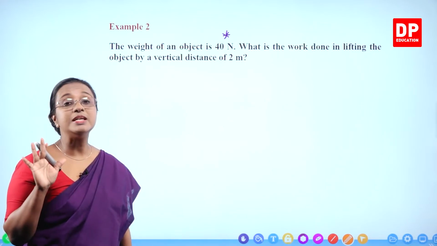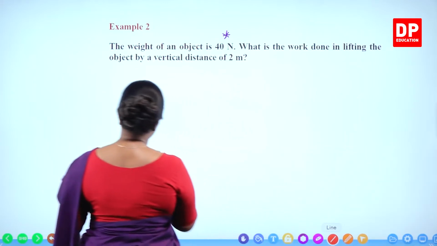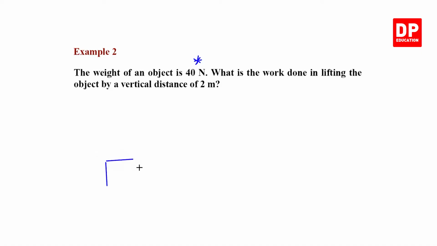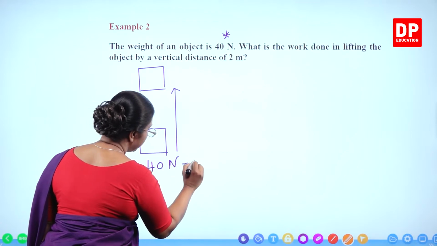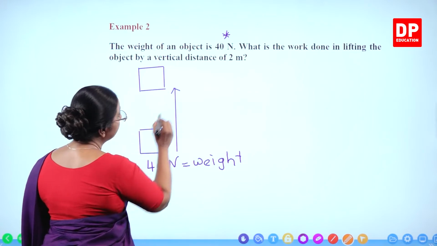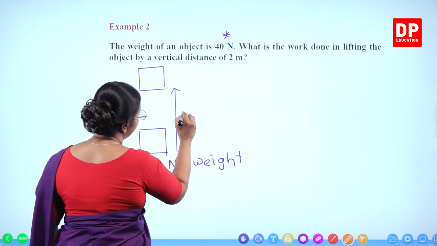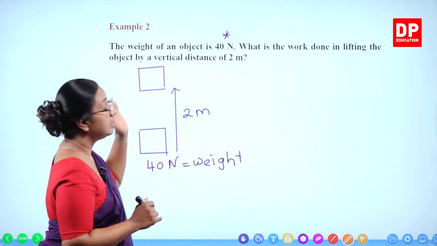So here the movement is different. What is happening here? Now let's say the object is here. We lift the object to a certain height from here up to this point. So the object has a weight of 40 Newton, that is the weight, and we lift it by a vertical distance or height of 2 meters. So initially the object is here, but you lift it up.